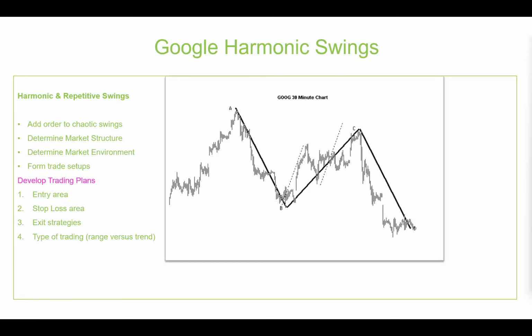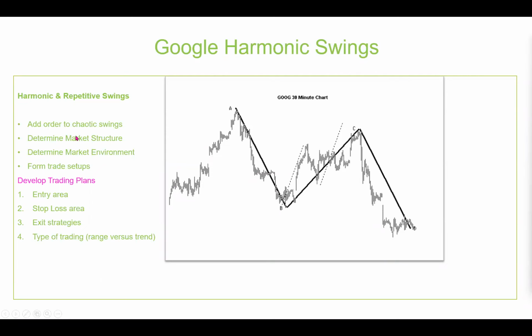Sometimes when the market just seems like it goes crazy, a lot of traders are like, what is happening? If you understand these harmonics, you are never going to have a day where you go, what is happening? Because you're following the swings and understanding the market structure or change in market structure. It's going to help you tremendously.